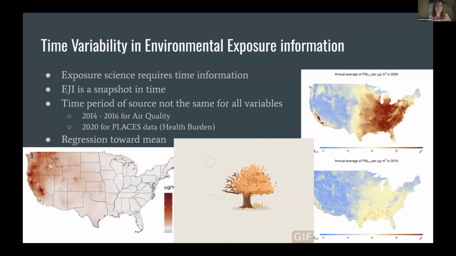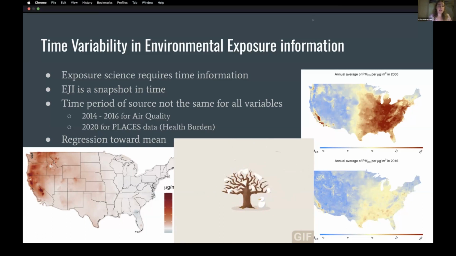We're just representing sort of lifetime exposure, and only from 2014 to 2016, which is after the time in which these particulates have been reduced quite a bit in the American airspace.